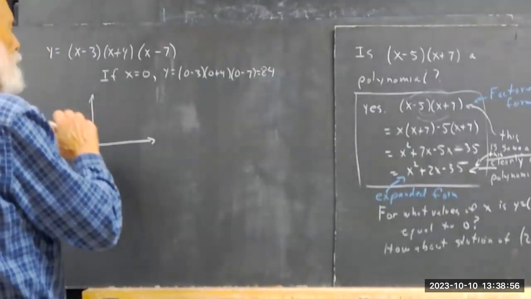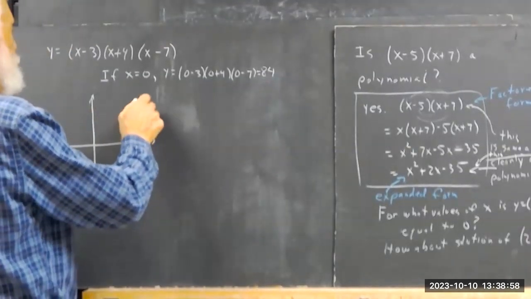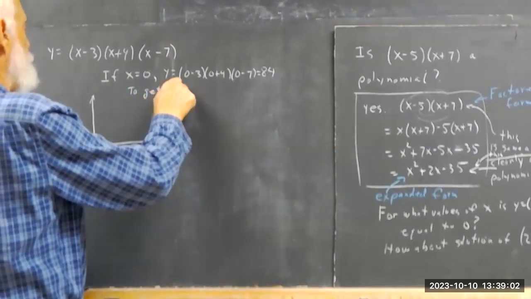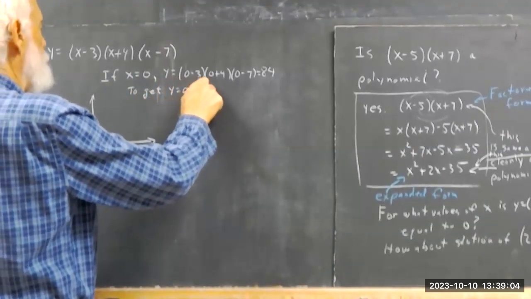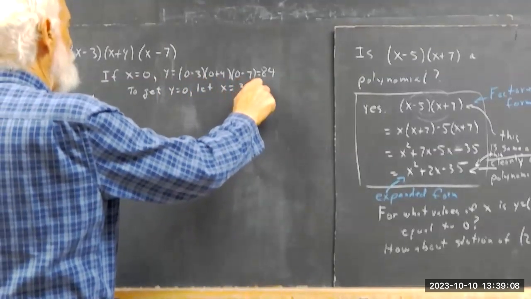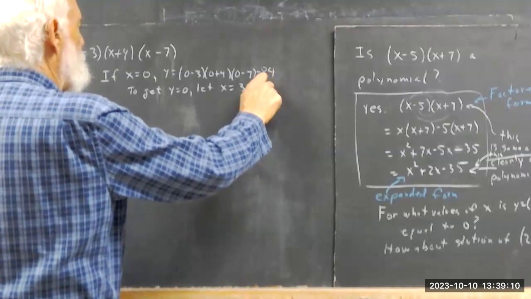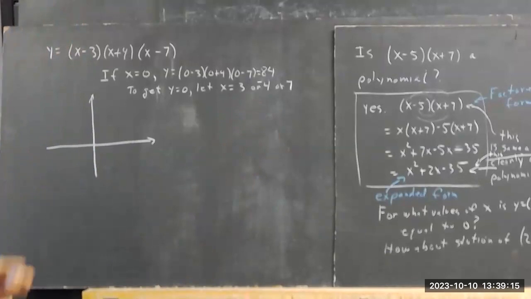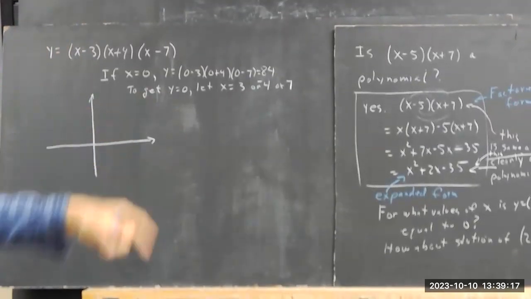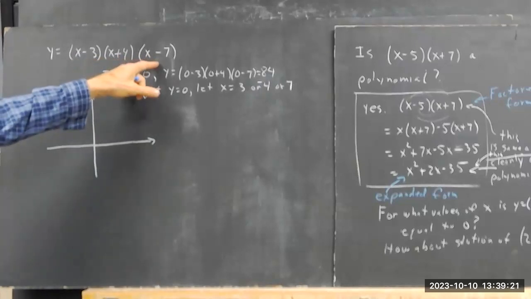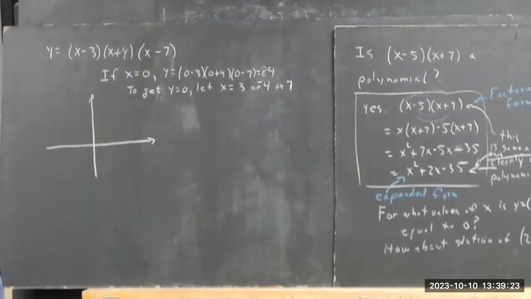Okay, now, you get y equals 0, let x equals 3 or -4 or 7. And that's obvious. 3 makes this 0, 7 makes this 0, -4 makes this 0.